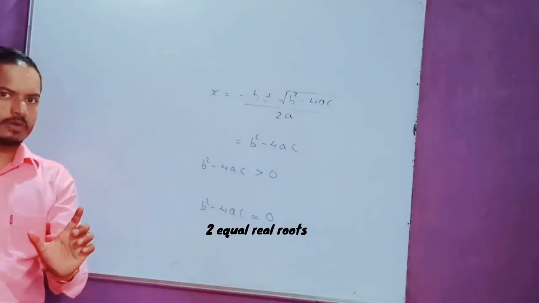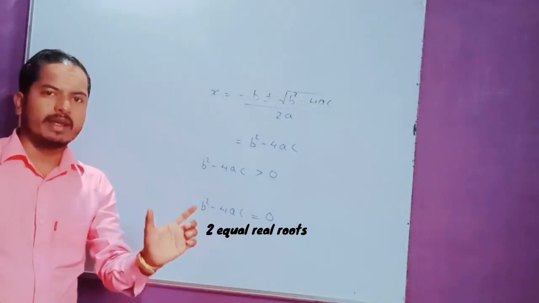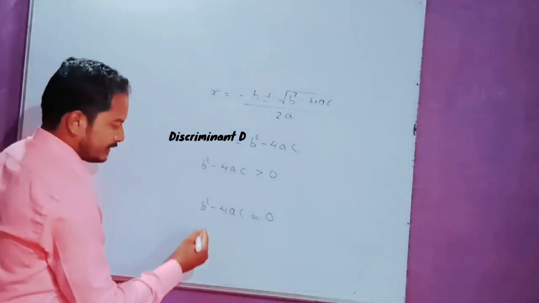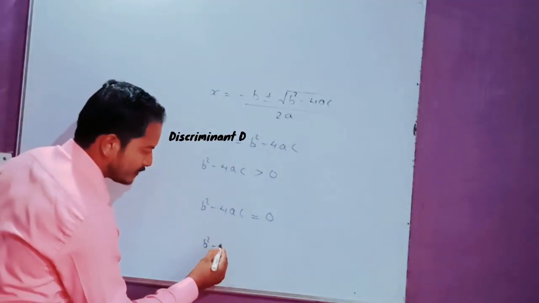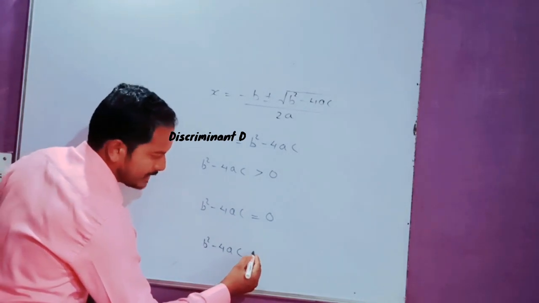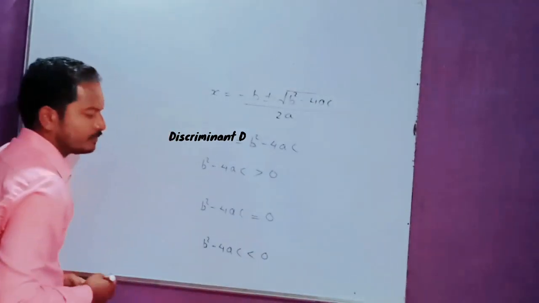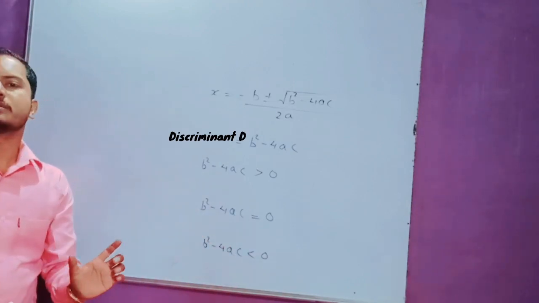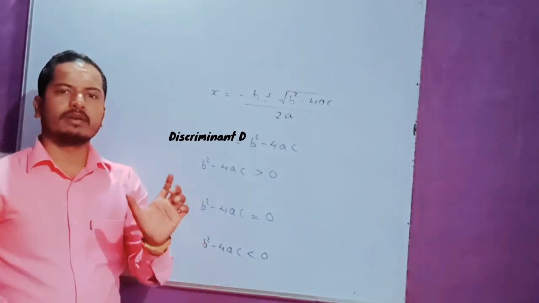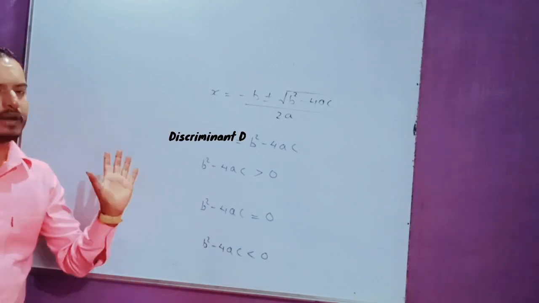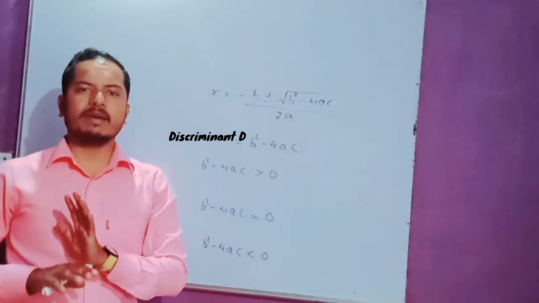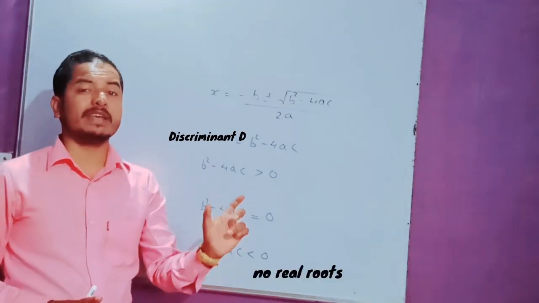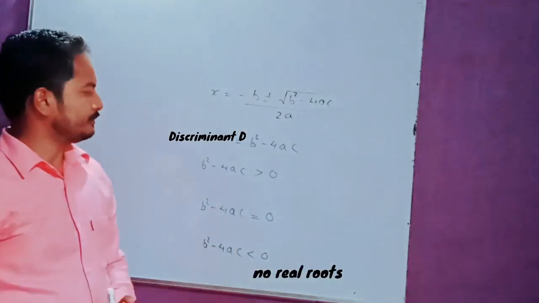It means the roots of the quadratic equation will be equal and real. Now, if this discriminant b square minus 4ac is less than 0, less than 0 means negative, then this quadratic equation will have no real roots. It means no real roots, so it will have imaginary roots.